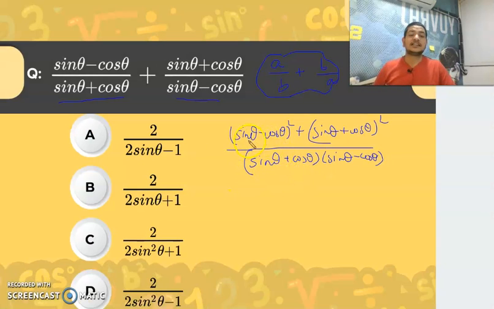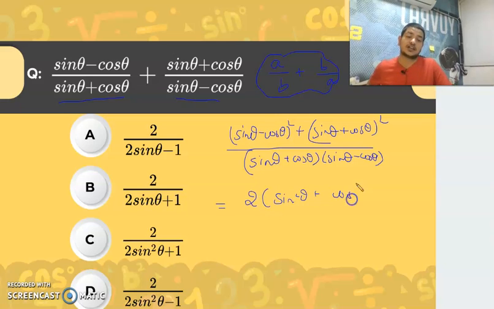So (sin θ − cos θ) whole square plus (sin θ + cos θ) whole square, we are writing it as 2(sin square θ plus cos square θ). Hope you understand this thing. Why are we writing it that way? Because (a + b)(a − b) is written in the denominator.